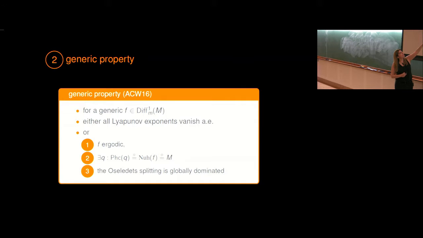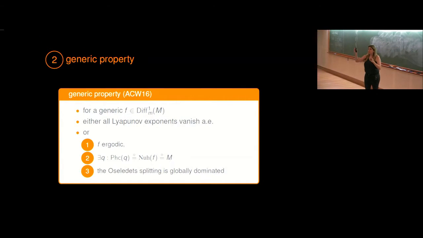But this is almost everybody, or almost everything. This Pezin homoclinic class is the whole manifold. That is why it is ergodic. And the Oseledets splitting is globally dominated. You have heard of Oseledets splitting in Marcelo's talk, so he has saved me from introducing it again because it's too long. Okay, so I will make strong use of this.